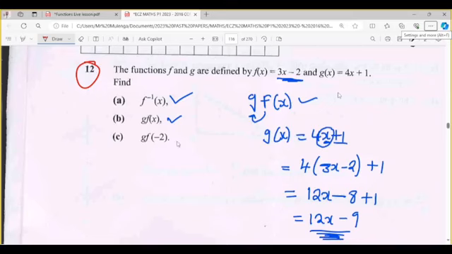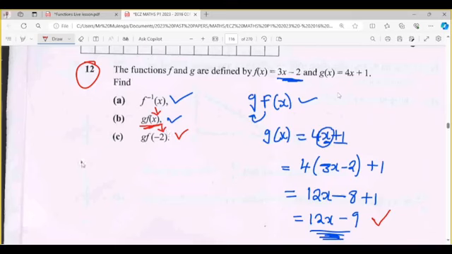All right, so we've answered the questions A and B. We have now come to C. Find gf of negative 2. So you have already found your g function of f of x, a composite function, which is this one. Now, if they have given you this one, they are telling you that here there was x, but they have said x should be equal to negative 2.